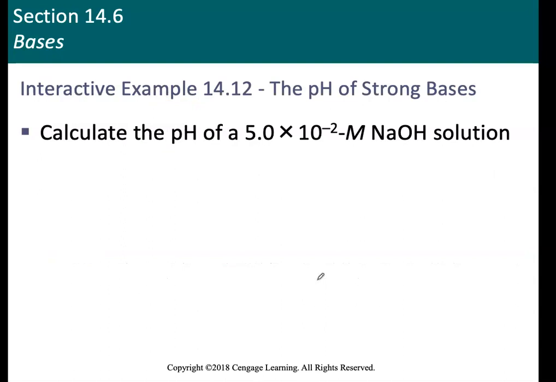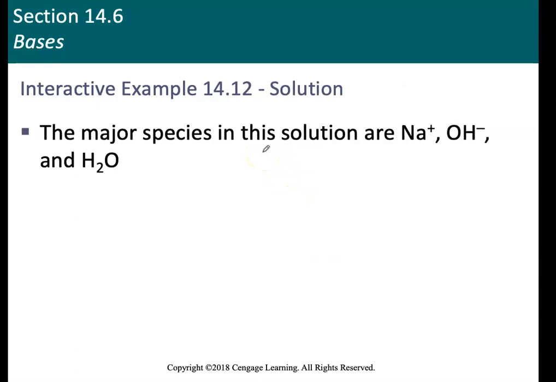Now let's look at calculation of pH for strong base. The strong base is sodium hydroxide, and given the concentration, we can expect the same steps in calculating the pH as in strong acids. Look at the dominant species. The dominant species will be Na plus and OH minus and water.